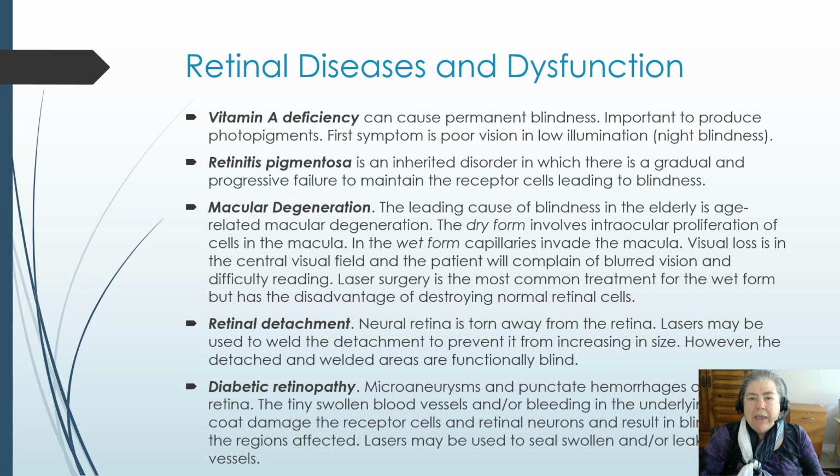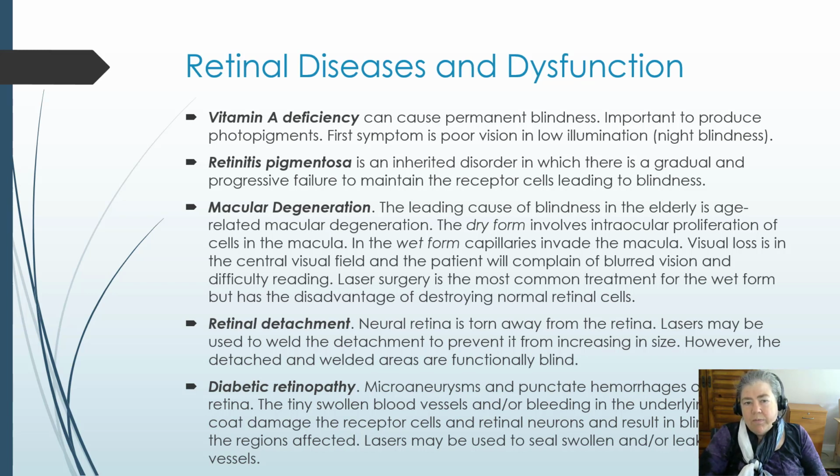And in dry macular degeneration, you just have a lot of cells proliferating in the macula, which begin to obscure that very detailed vision in the macula. And in wet macular degeneration, the invasion is of capillaries, and so people lose central detailed vision. And initially, they often will complain of difficulty reading.